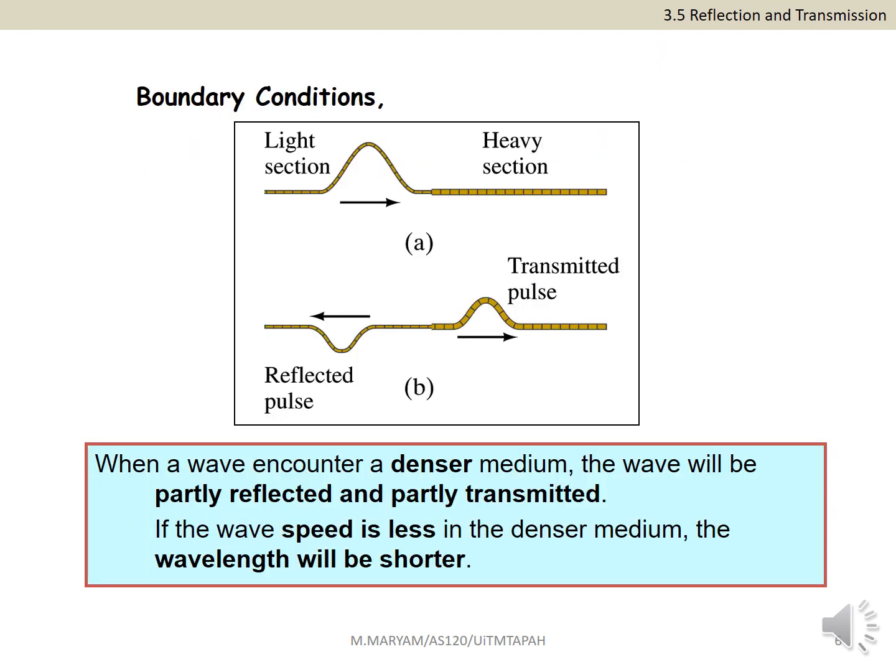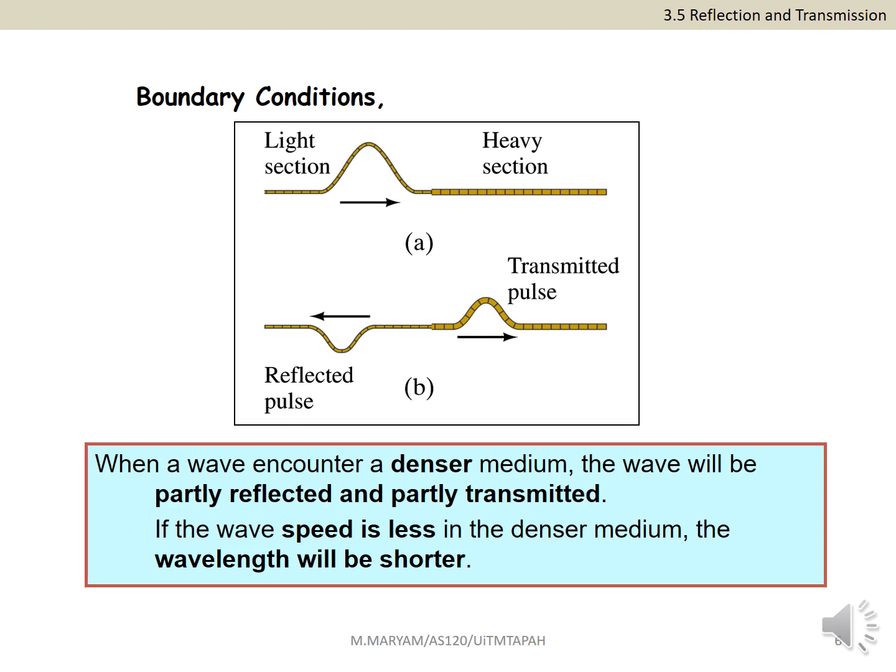For boundary condition, as you can see in the figure, the medium is different. One is light section, the second one is heavy section. When two media occur, half of them will reflect and half of them will transmit, as I mentioned earlier. When a wave encounters a denser medium, boundary condition means that after it reaches the end here, it will transmit and it will reflect.